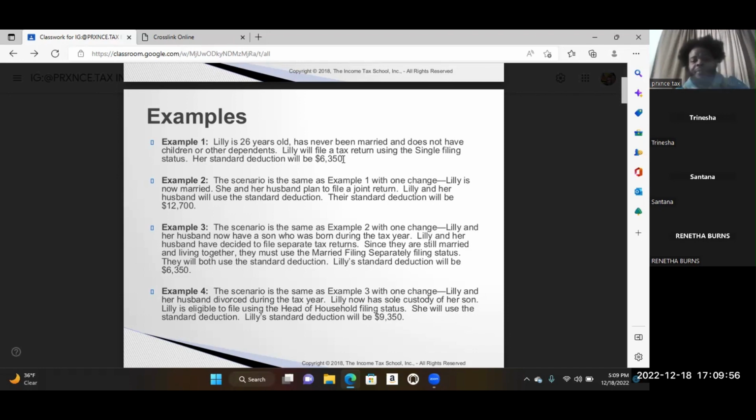But as you can tell, like I stated, married filing jointly is the 63,550 times 2 people. My bad. I'm going to highlight it a little better. If you work with me.